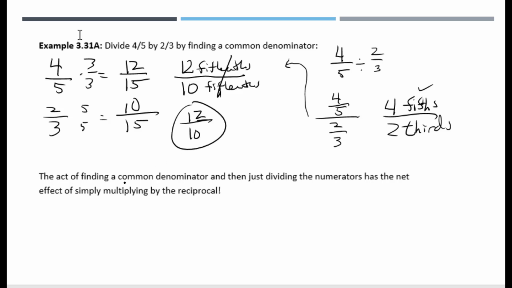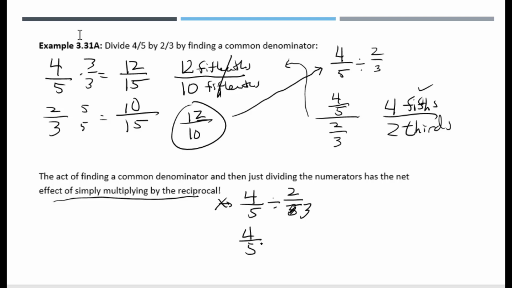So the act of finding a common denominator and then just dividing the numerators has the net effect of simply multiplying by the reciprocal. So let's look at our original problem up here. I had 4/5 divided by 2/3. This is saying that this problem here is identical to 4/5 times the reciprocal, which is going to be 3/2.